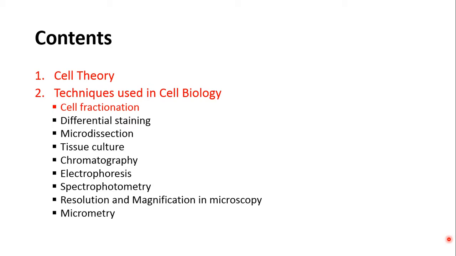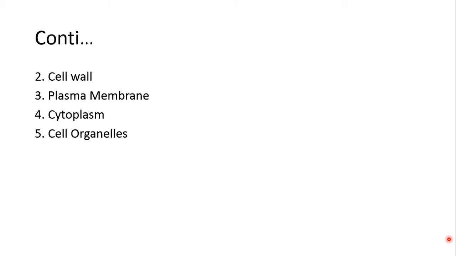In this lecture we will study the first two topics: cell theory, and from the second topic, techniques used in cell biology, we will discuss only the first technique, that is cell fractionation. There are also other contents of this chapter: the cell wall, plasma membrane or cell membrane, cytoplasm, and cell organelles.